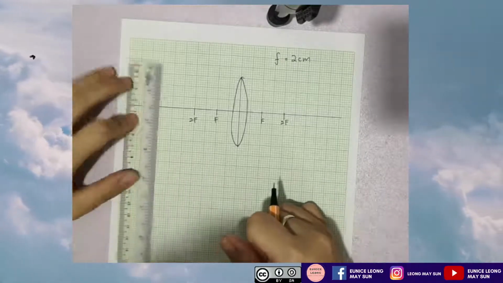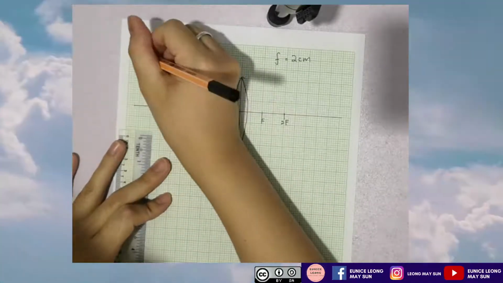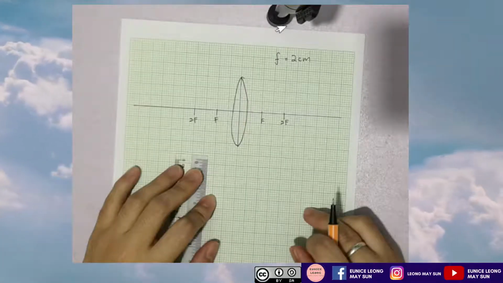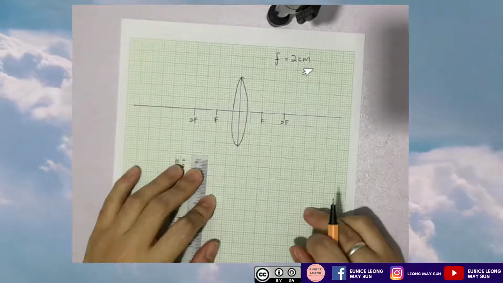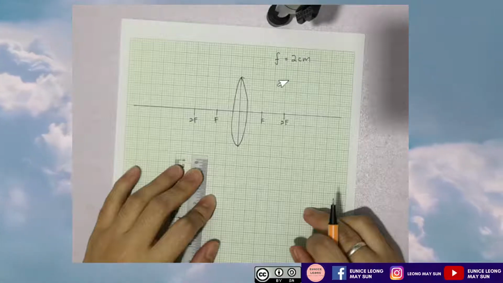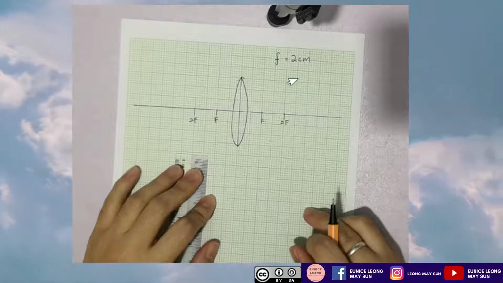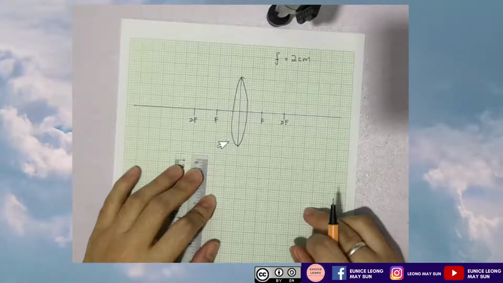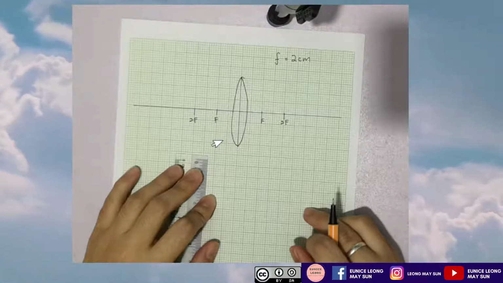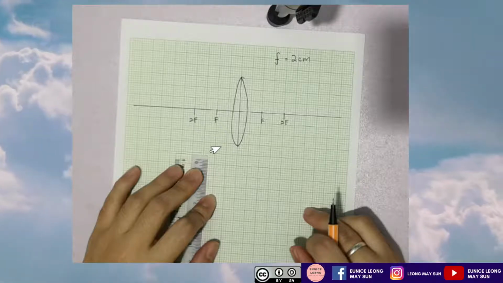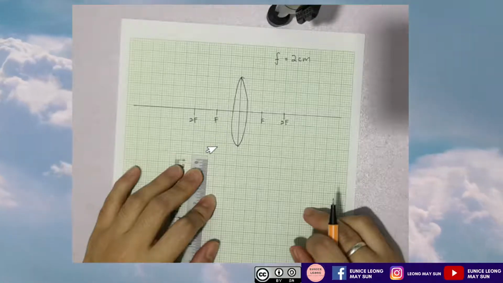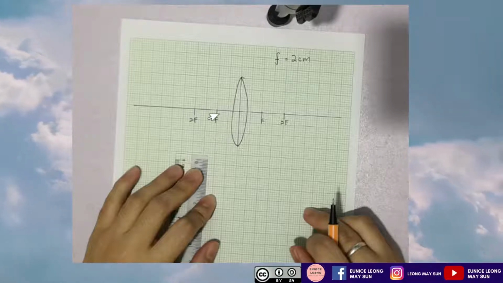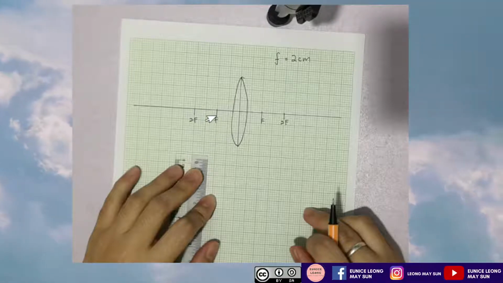Let's go next. This is the basic picture of how we're going to draw the ray diagram. We have the principal axis, the axis of the lens, and the curve of the convex lens. It's not a perfect curve, but you can see that it's a convex lens. Then we have F, which represents 2 centimeters.